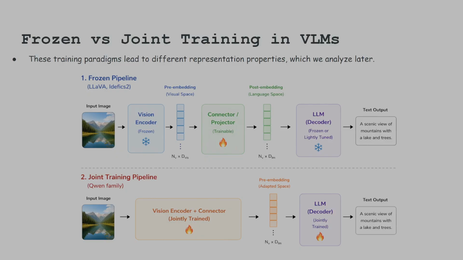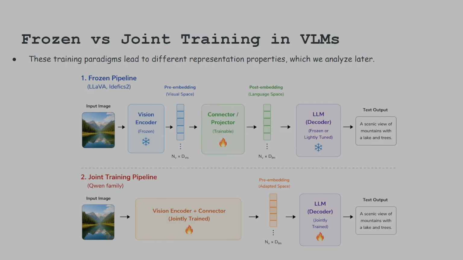We might fine-tune it at the end, but for most of the time, we only train the connectors. However, for the joint train pipeline, we not only train the connectors, we also train the vision encoder and the LLM. So we train them all together.